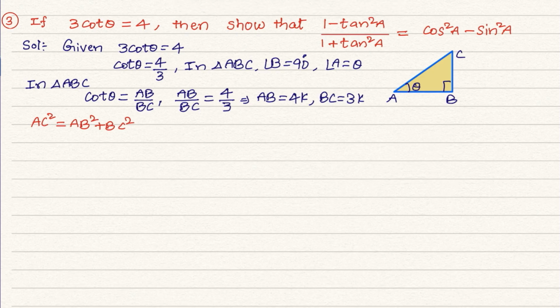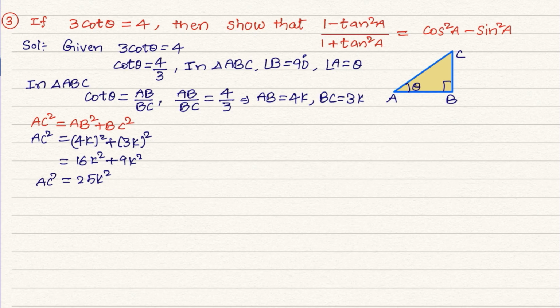So here AC square is equal to, after substitution, AB is 4K, so 4K whole square, plus BC is 3K, so 3K whole square, which is 16K square plus 9K square, which is 25K square.